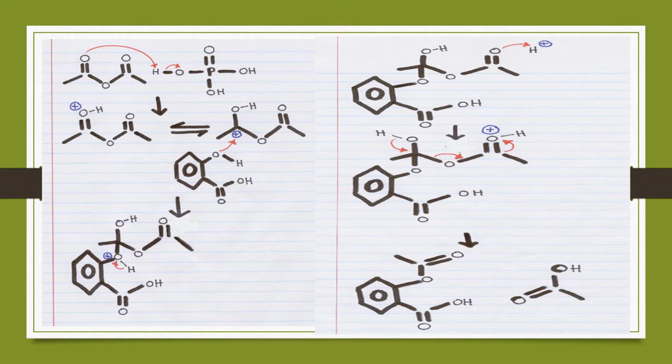So when this protonated oxygen takes back the pair of electrons towards itself, it creates a carbocation on the carbonyl carbon, and then the OH, the hydroxy part of the salicylic acid, comes and attacks this carbocation.